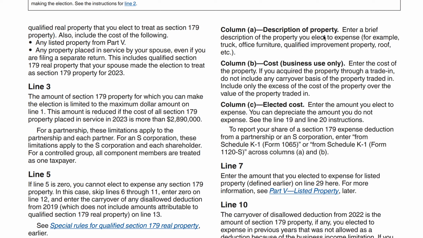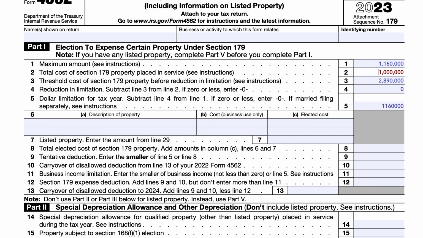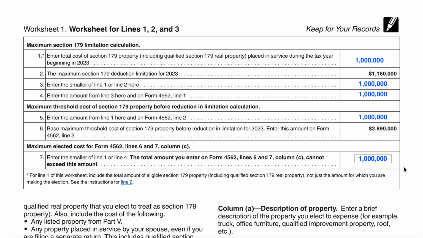So you would enter a brief description of the property that you elect to expense. It could be a roof, it could be office furniture. You would enter a cost, and then the elected cost would be the amount that you elect to expense. And remember, the combination of lines 6 and 7 cannot exceed what was stated at the bottom of this worksheet, which was $1 million.